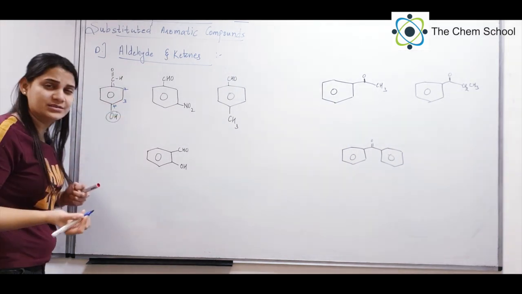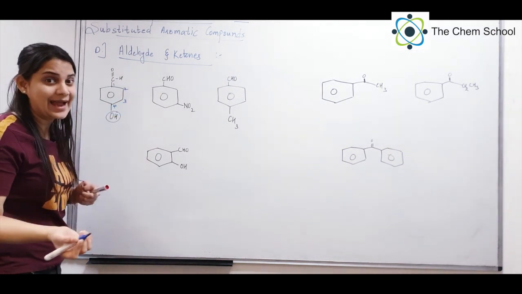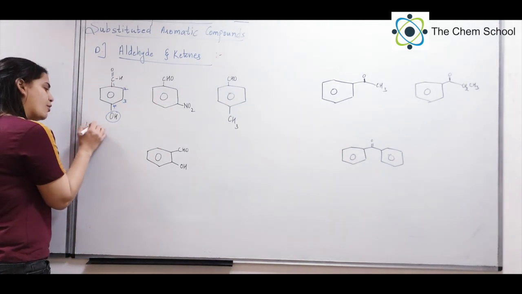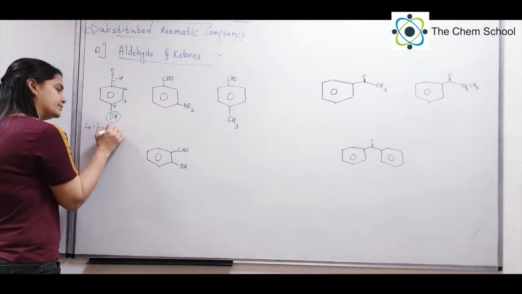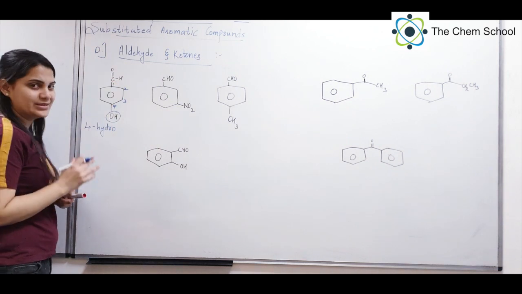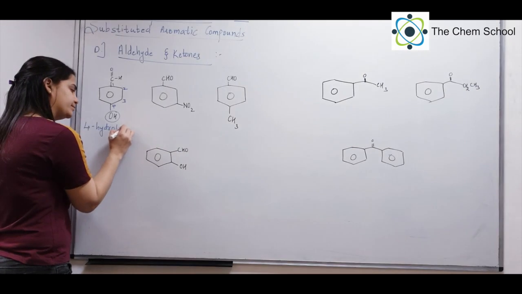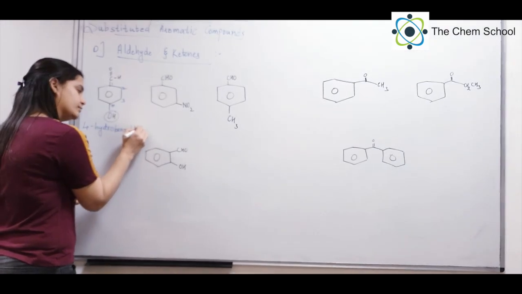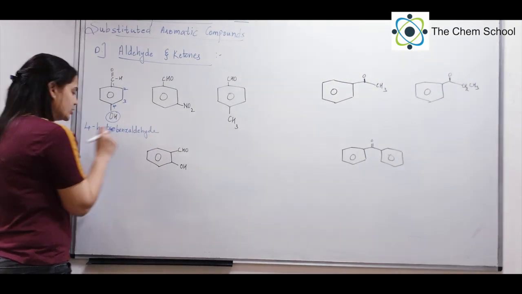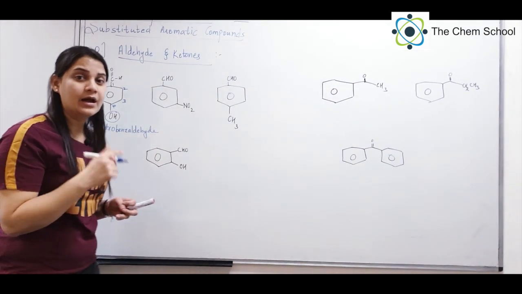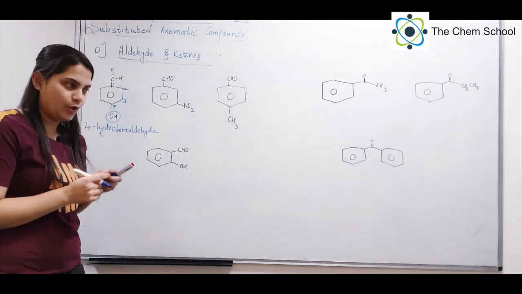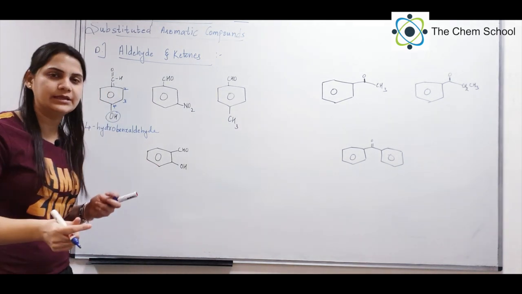If OH is a substituent, you will call it hydroxy. So the name becomes 4-hydroxybenzaldehyde, and benzene with CHO is benzaldehyde. You can also call this one para-hydroxybenzaldehyde. I hope you can frame this name very easily now, right?